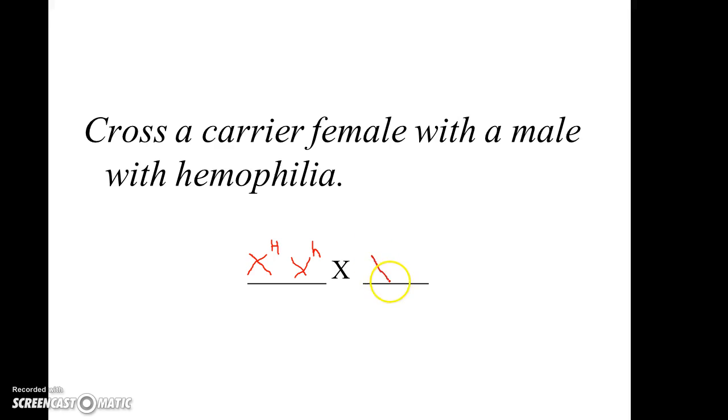And then we're going to have our male. And remember, he has it, so he's going to have a little h exponent. Did we do it right? Let's look. Yes, so we did do it right. We have our big H, little h, the little h for that male.